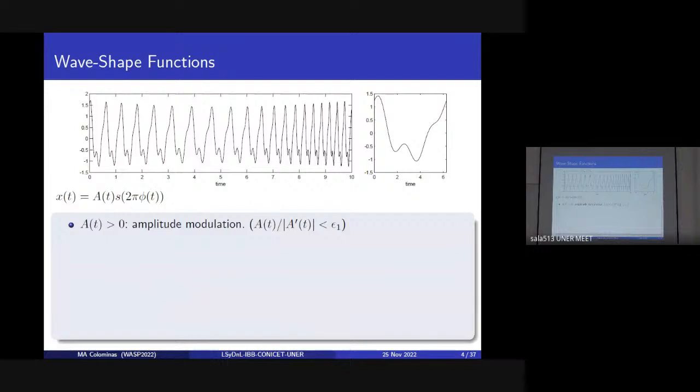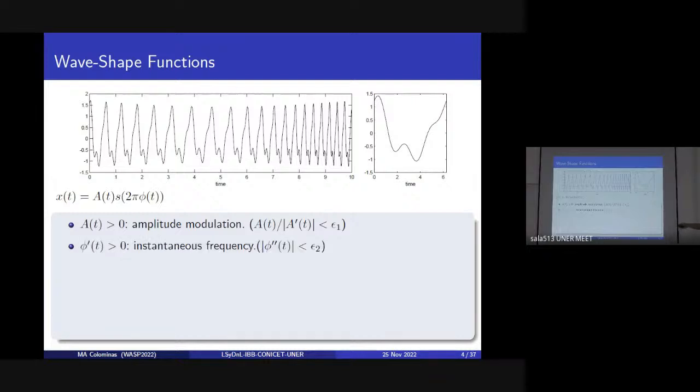So normally we impose some constraints on this model in order to have a physical meaning and to be identifiable. For instance, we want the amplitude to be a non-negative function. And also we want the absolute value of the derivative of the logarithm of the amplitude to be bounded, normally with a small epsilon.